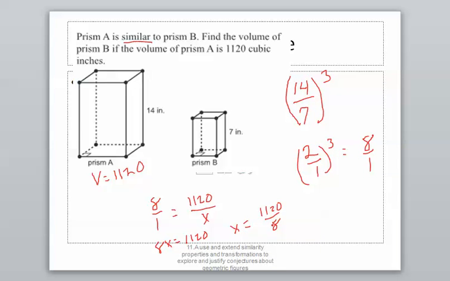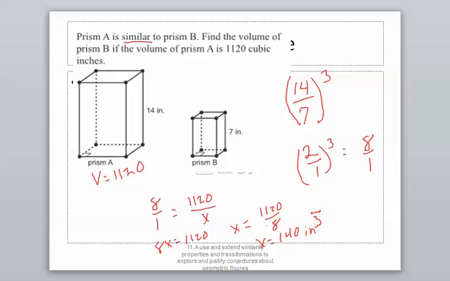And if we do that on a calculator, 1,120 divided by 8 gives me a total of 140. That would tell me that x equals 140. And what is this? This is inches cubed.